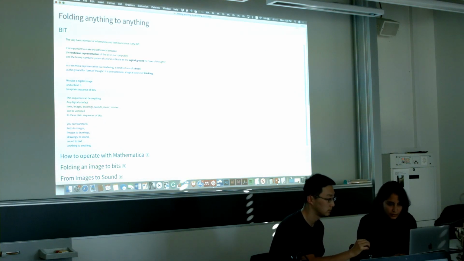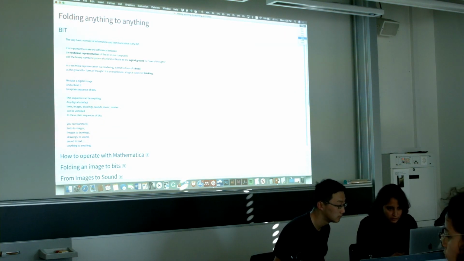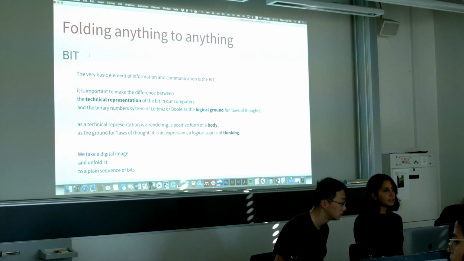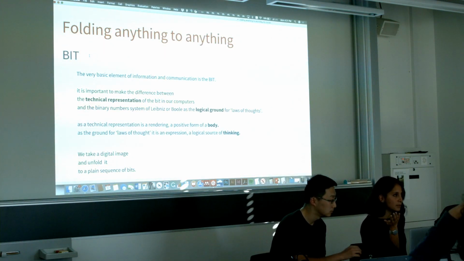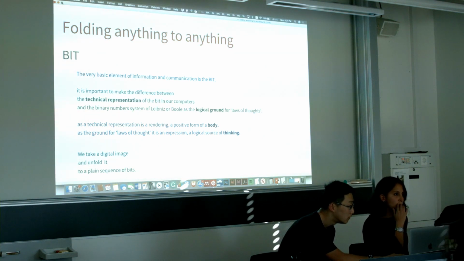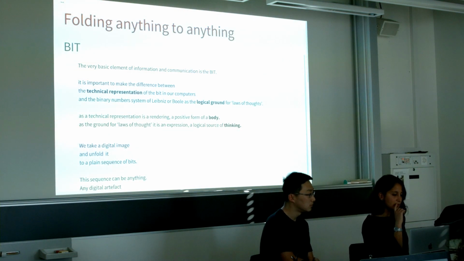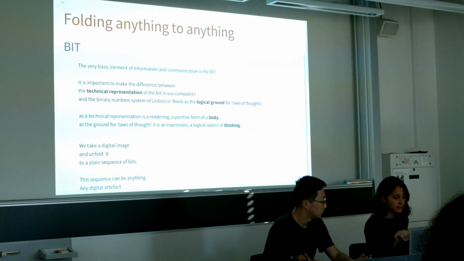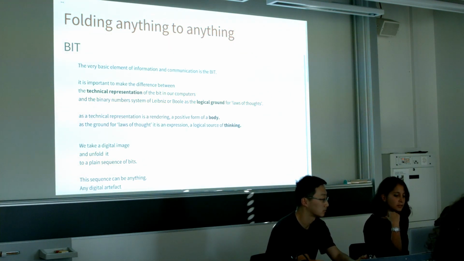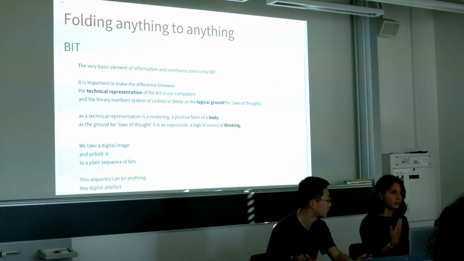Just to remind you what we said in the lecture about the bit. I told you about these two differences between the bit. The one that is the rendering or the graphics of it, which is the technical representation, and the other one, which is the logical ground, which actually tells you whether it is true or false what you are performing in your computer. So the first one, we can call it has a body, and the second one is the source of thinking.